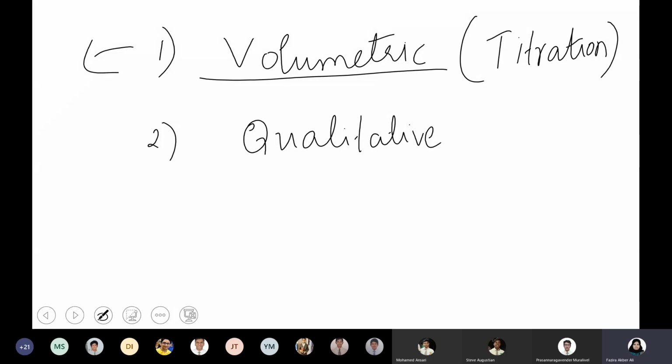So what is the difference between qualitative analysis and quantitative analysis? Quality and quantity. Yeah. So what is the analysis? It's analytical chemistry. Basically all these kinds of experiments come under analytical chemistry.